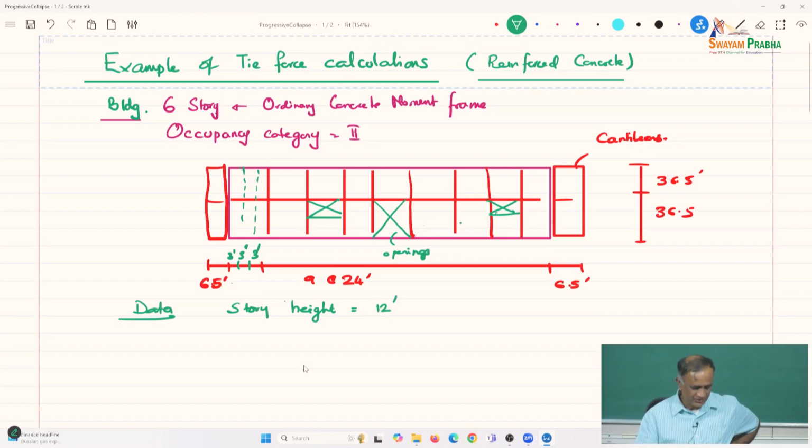So 12 feet, first story is 13 feet, and there are 3 openings for stairwell and elevators, 1 stairwell and 2 elevators.